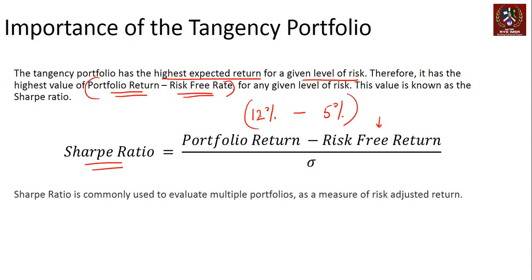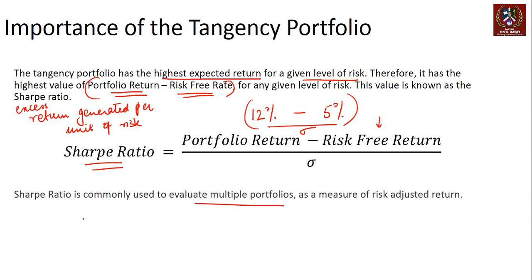You are taking a risk to take that up to 12, right? When you divide it by the sigma, what you're saying is the return, or in other words, the excess return generated per unit of risk.